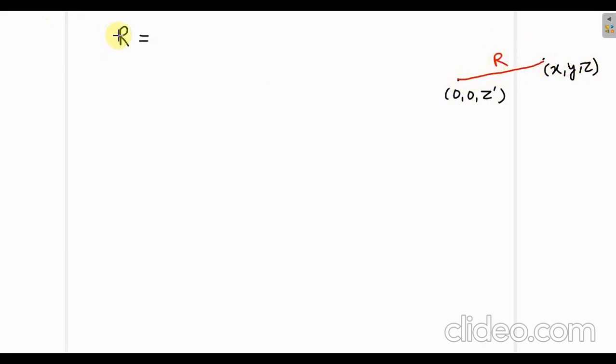What will this r vector be? It is the coordinate x, y, z minus the coordinate 0, 0, z dash.